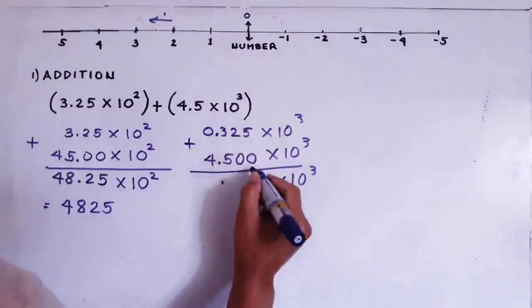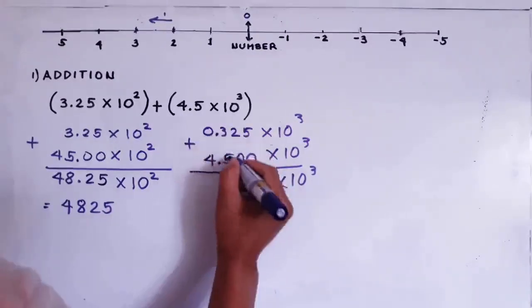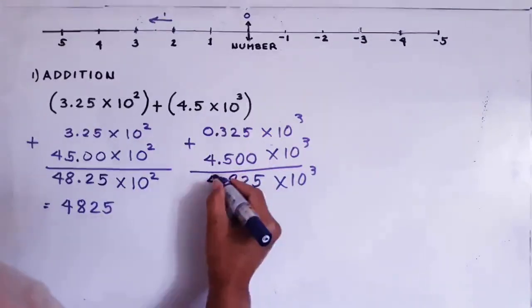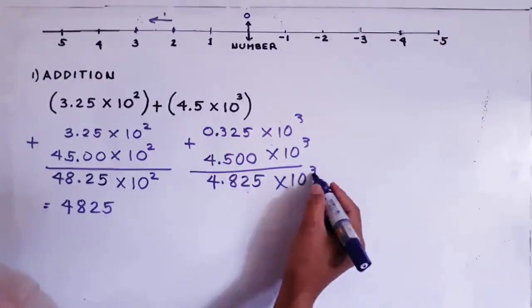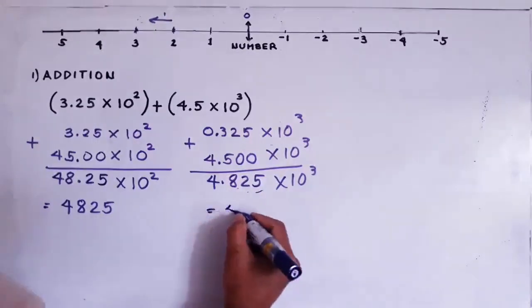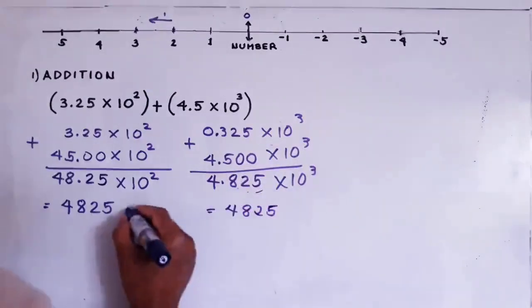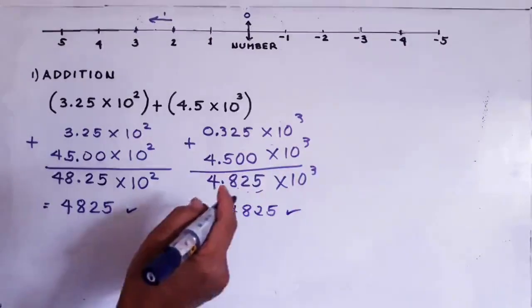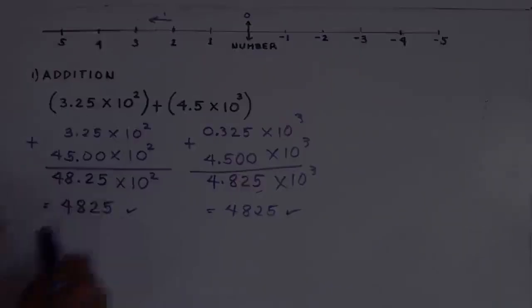So here we have 5 plus 0 is 5, 2 plus 0 is 2, 3 plus 5 is 8, and 0 plus 4 is 4. So we have 4.825 times 10 to the third power. So our answer is the same, 4.825 here. So check and check, and that is how to add. And in subtraction also, class, we must make sure that the exponents are the same.